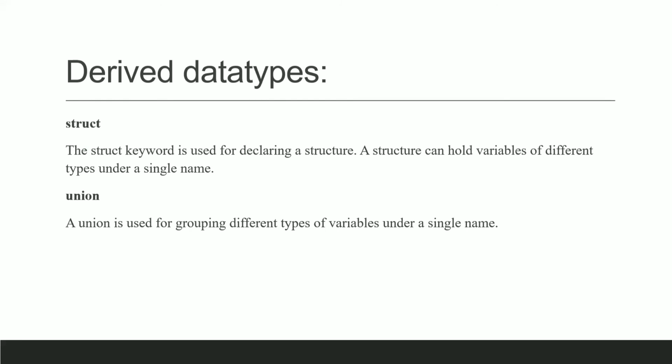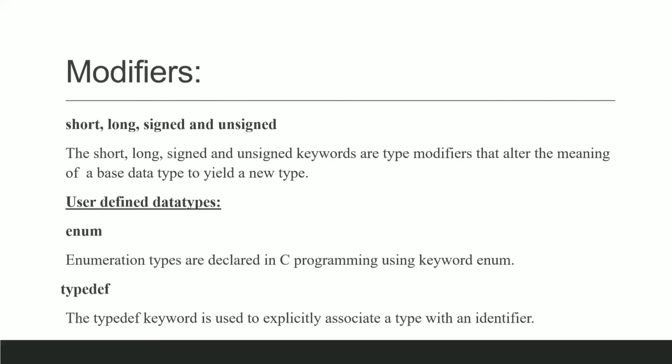Struct and union are the keywords used to declare the derived data types, which are used to store heterogeneous type of data. We also use type modifiers, right? So we have short, long, signed, unsigned modifiers to change the meaning of predefined data types.